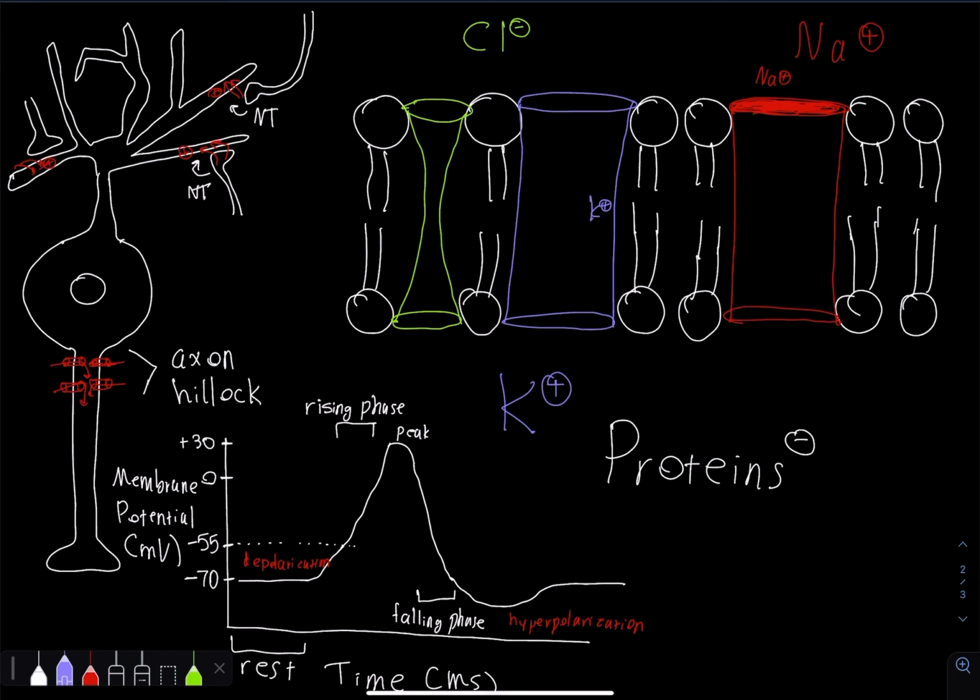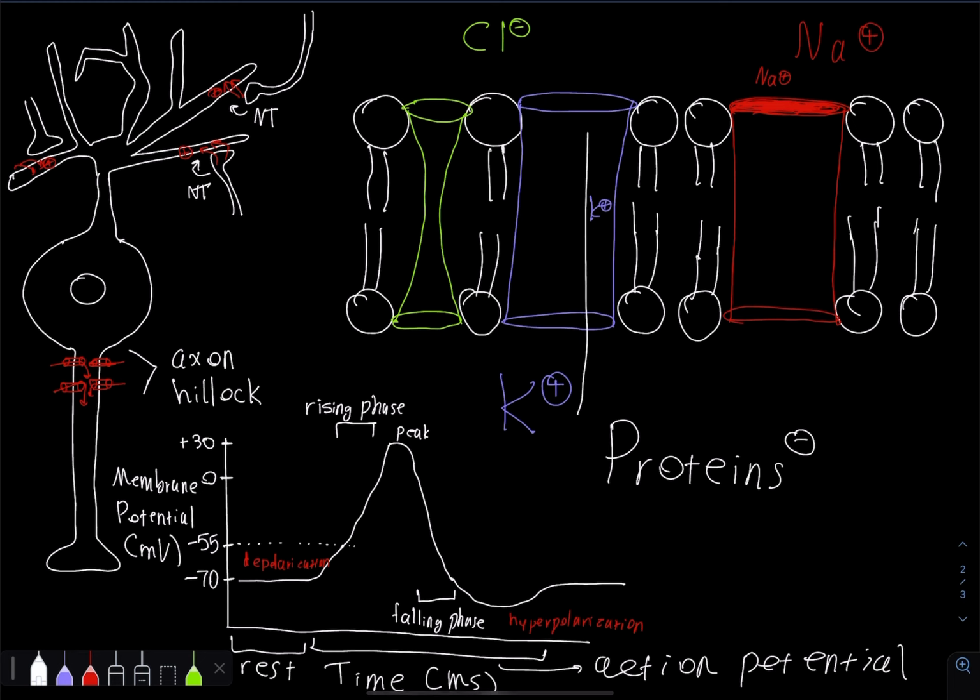So this whole thing that we just explained, from here to here, is the action potential. What happened during the action potential was that sodium came in and potassium went out.